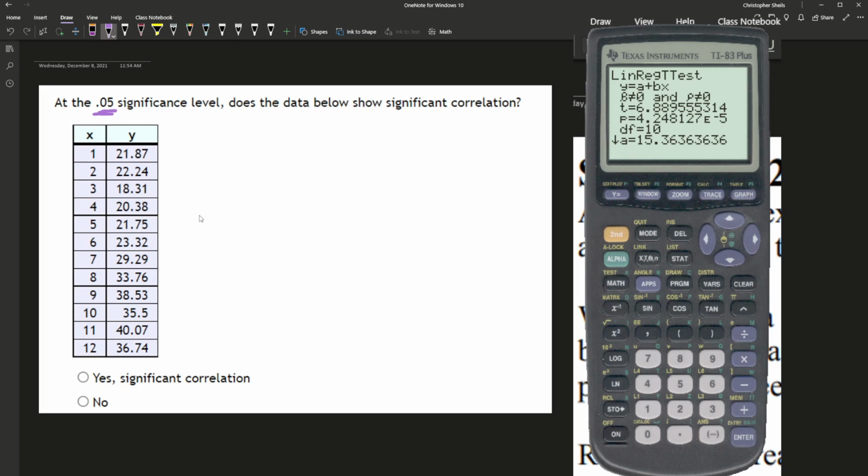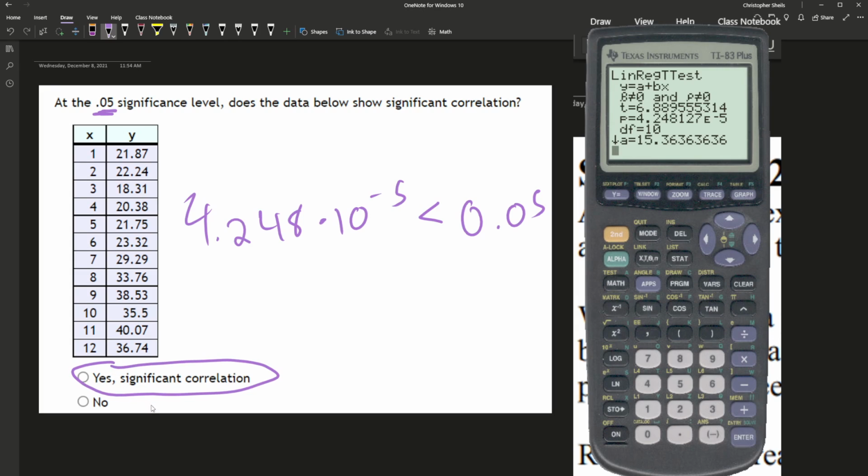Because our p-value is less than our alpha value, 4.248 times 10 to the negative 5 is way less than 0.05, we would say that there is significant correlation. And I believe with that, you have all that you need.